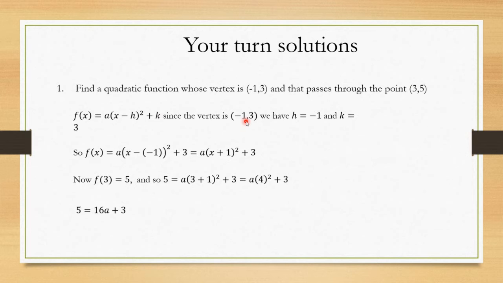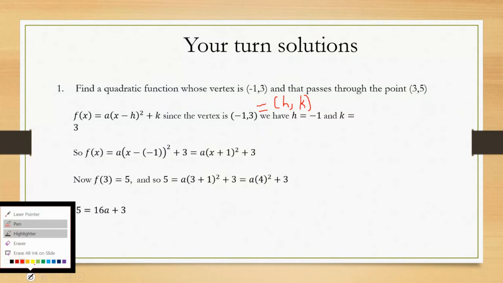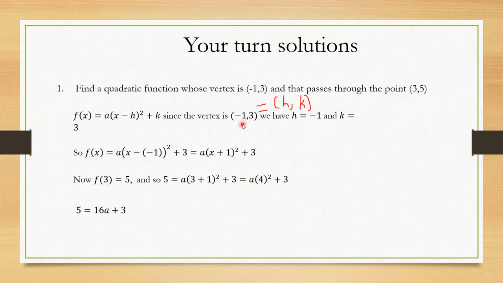In other words, this point is equal to h, k. Remember, that's our vertex. What I'm trying to say here is h is -1 and k is 3.